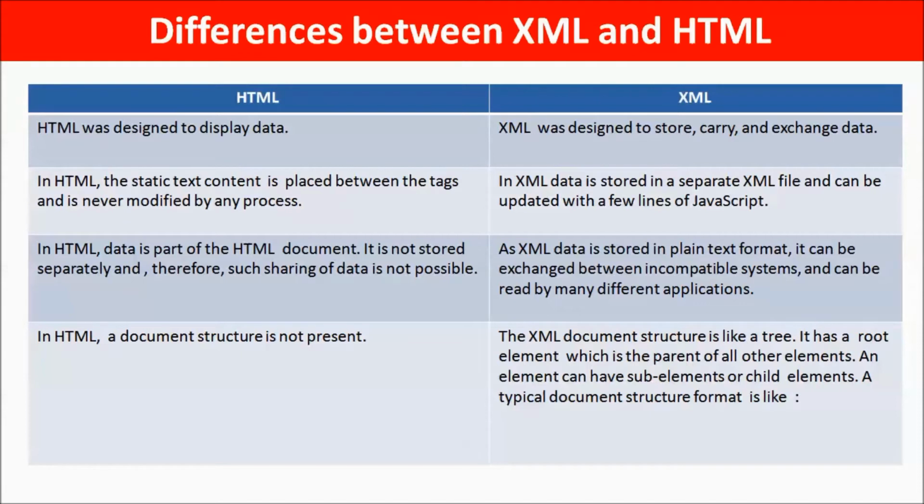Next, in HTML, data is part of the HTML document. It is not stored separately and therefore such sharing of data is not possible. But as XML data is stored in plain text format, it can be exchanged between incompatible systems and can be read by many different applications. So in HTML, data is not shared.